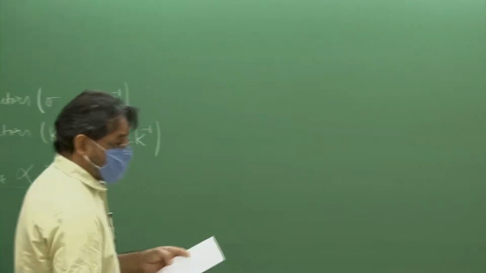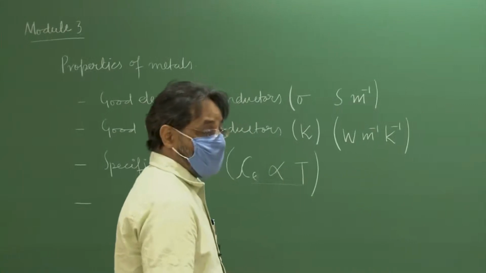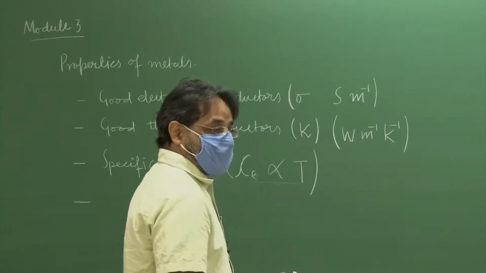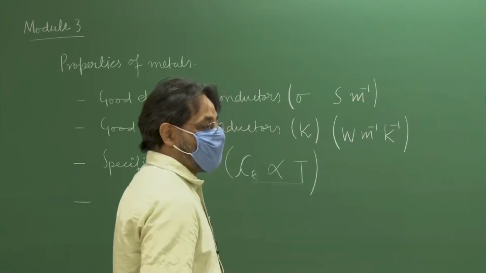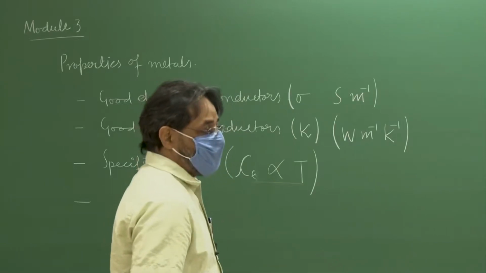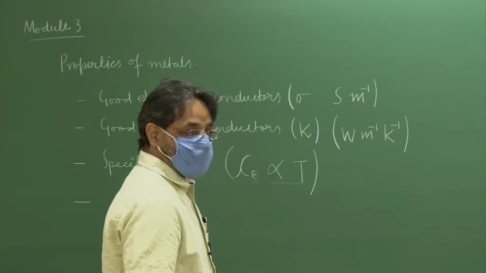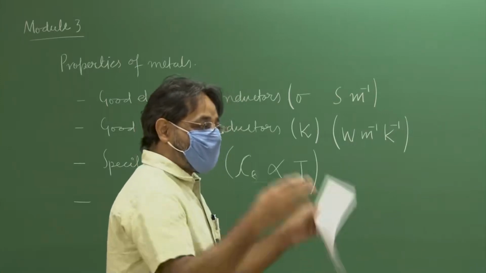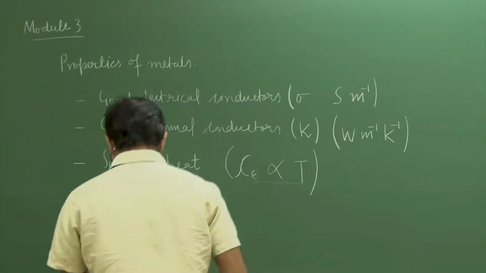But we started explaining their properties theoretically by framing theoretical models very recently, only around 1900, that we started trying to make sense of why different materials behave the way they do. In particular, the properties of metals we started understanding from the beginning of the previous century. That is where this entire quantum revolution was happening.